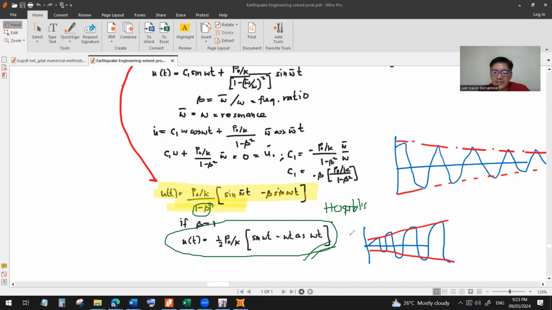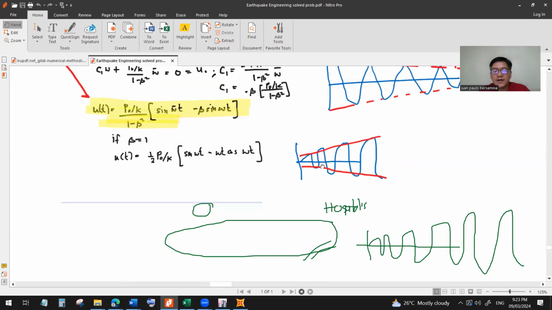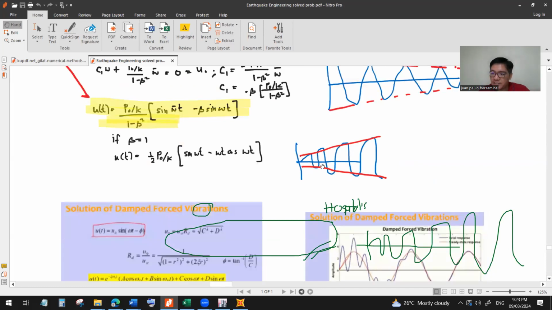And yun nga, if beta is equal to 1, the response will be something like this. So mag-amplify. Okay, so I think that's all for undamped forced vibration.